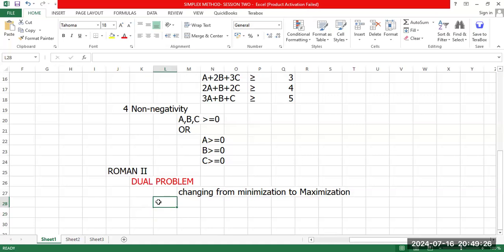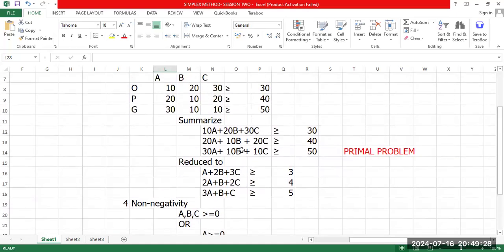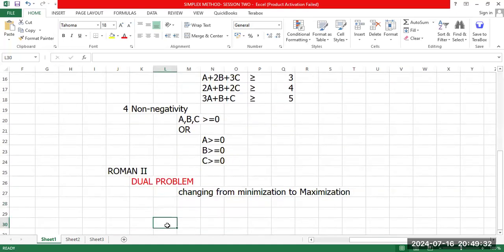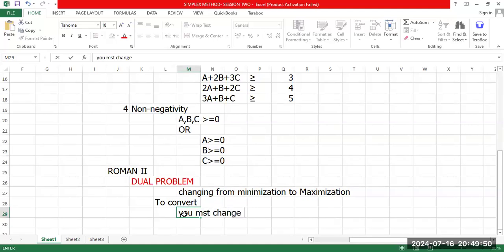So how are you going to convert from minimization to maximization? You must change row to become column.